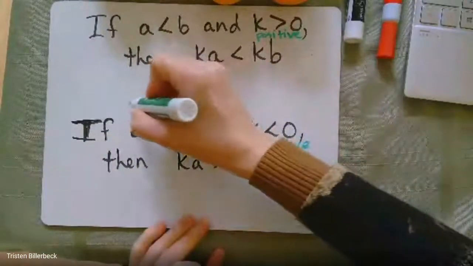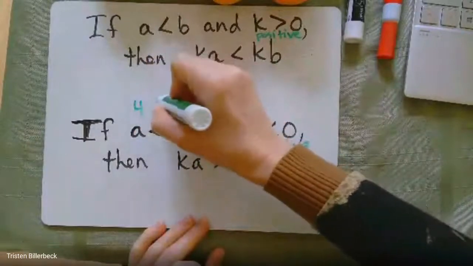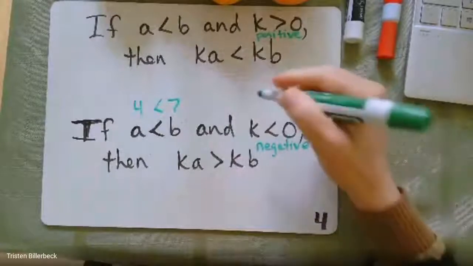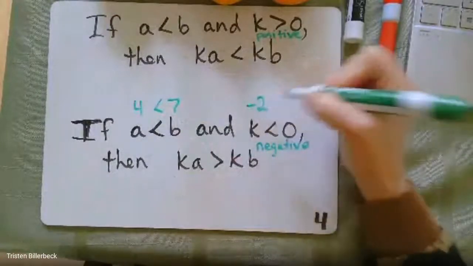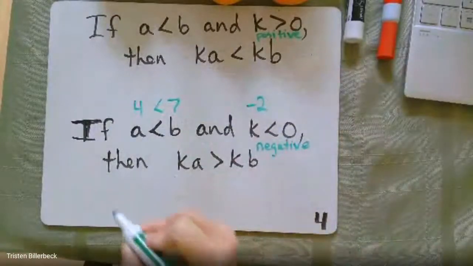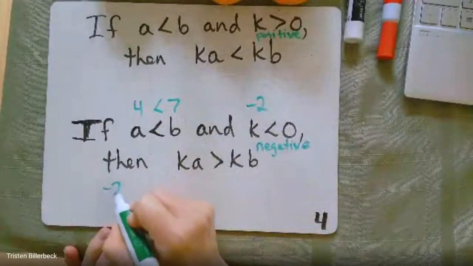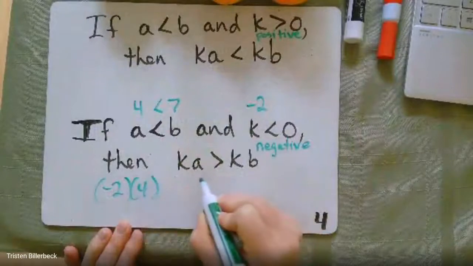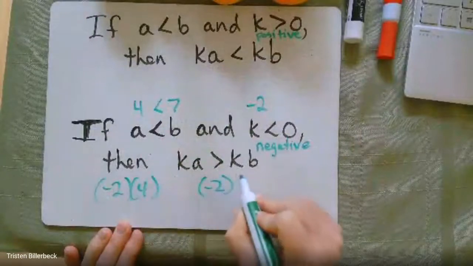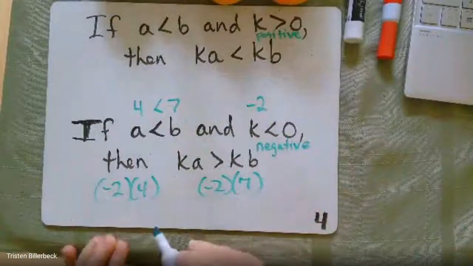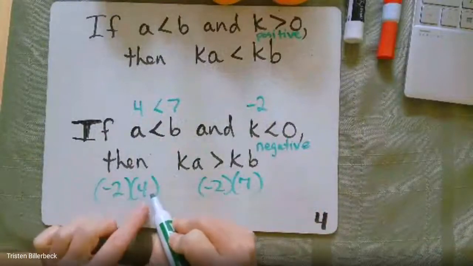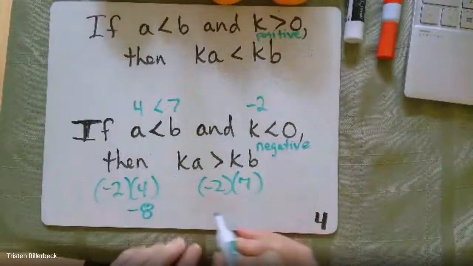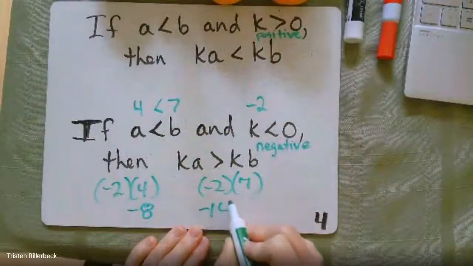If I have 4 is less than 7, and let's say K is negative 2. So I have negative 2 times 4, and negative 2 times 7. Negative 2 times 4 is negative 8, and negative 2 times 7 is negative 14.